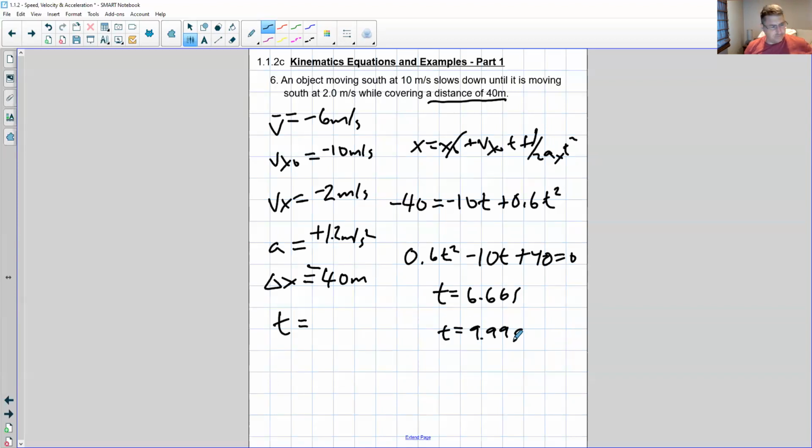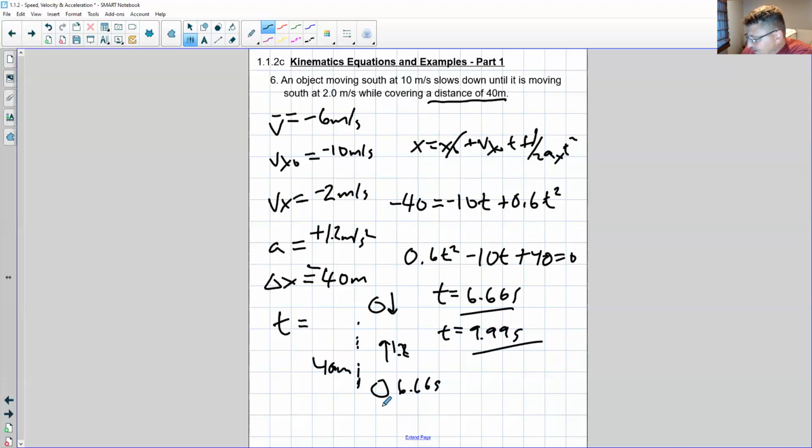Two correct answers. There are two real roots here. Why on earth would there be two real answers to this problem? Well, think about this. The object is moving south at 10, and it's accelerating north at 1.2. So it's going to go south 40 meters, and the first time it passes 40 meters south of where it started is going to be 6.66 seconds.